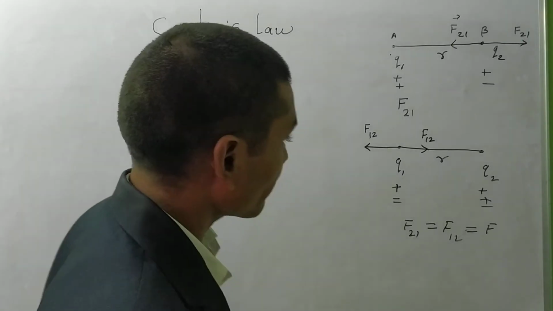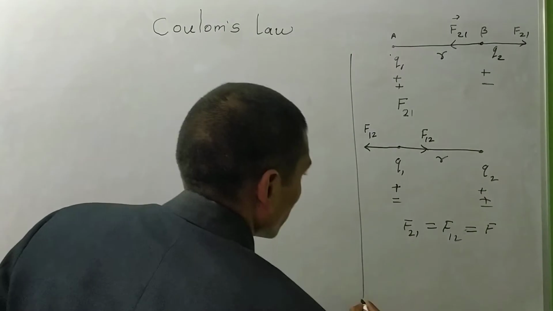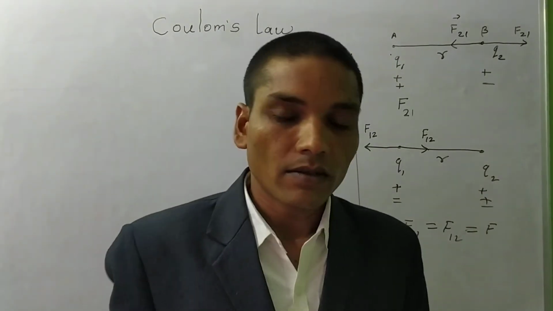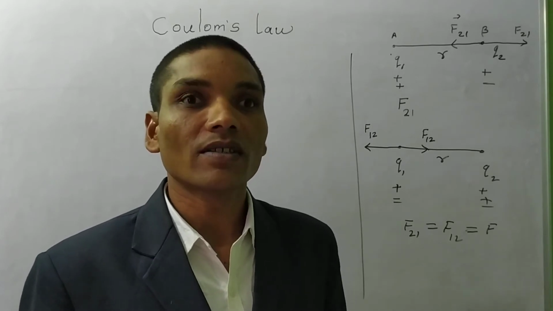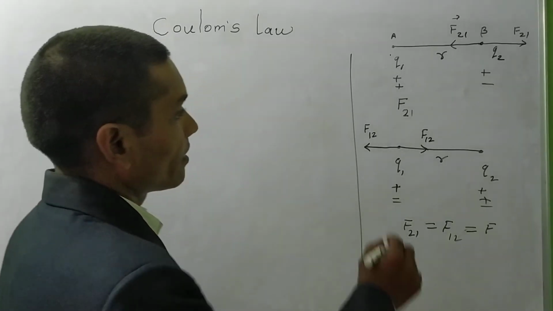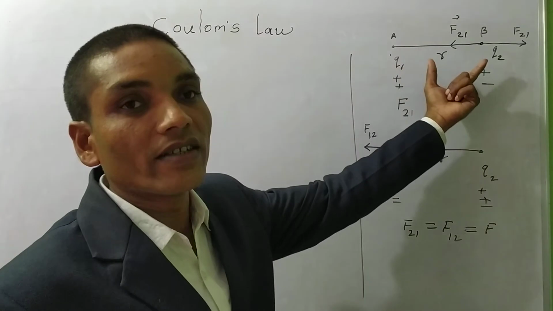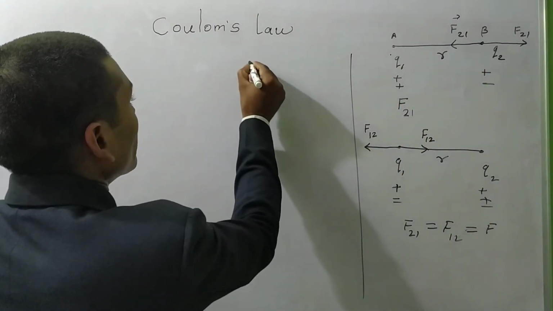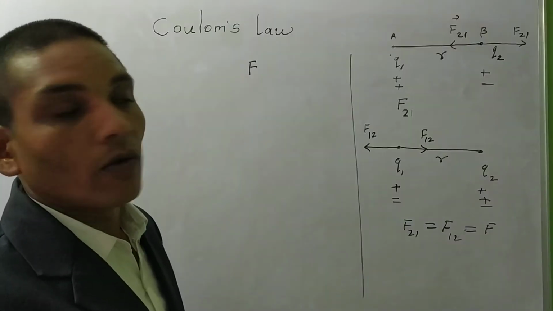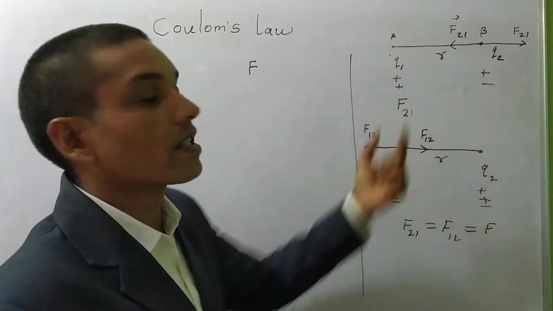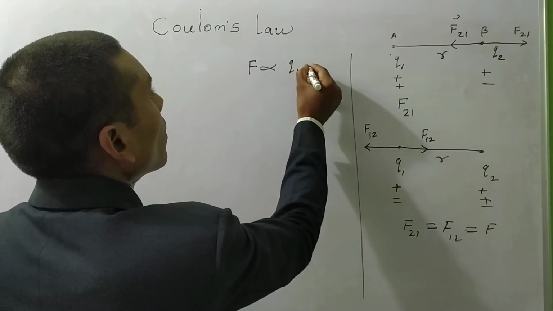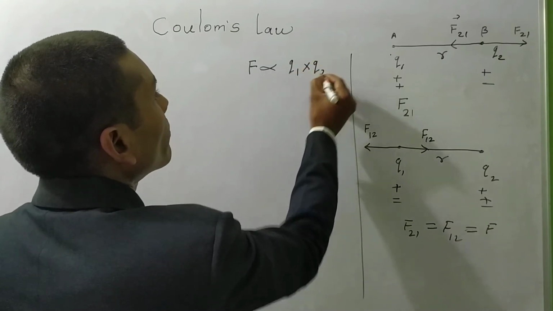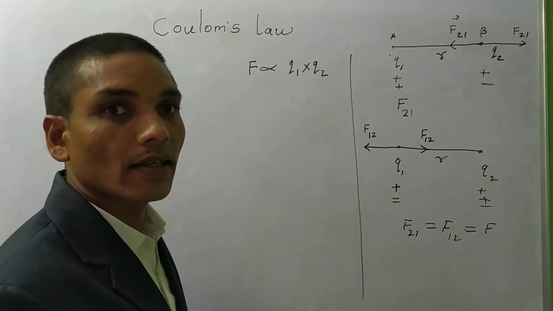Okay, now firstly, Charles Coulomb investigated that the magnitude of the force between two point charges is directly proportional to the product of the magnitudes of the two point charges.